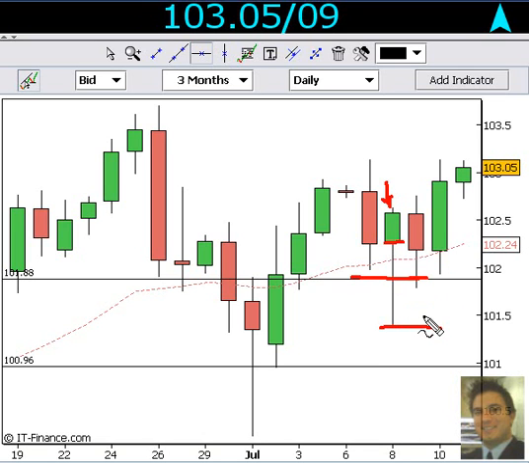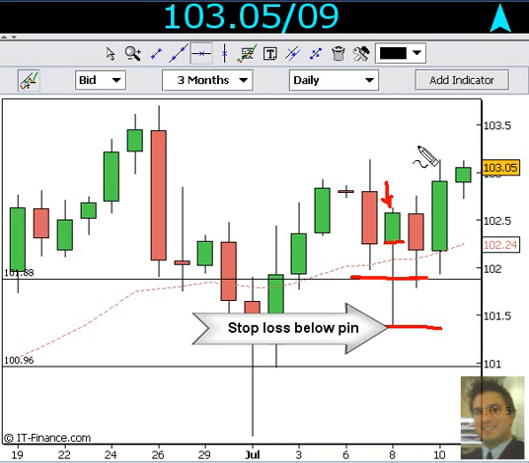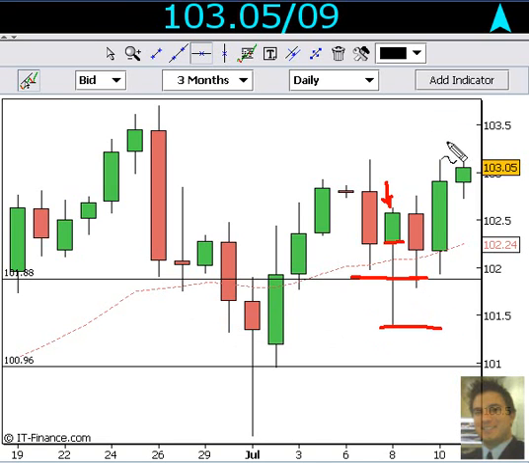It would have been around a 60-point stop, and 3 sixes are 18, so it's 180 points from the 101.80 level. So as you can see, the stop is 60 and the target's 180. And that gives you 3 times what you've risked.